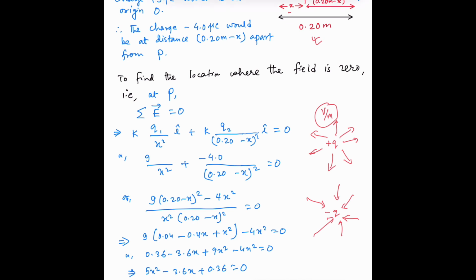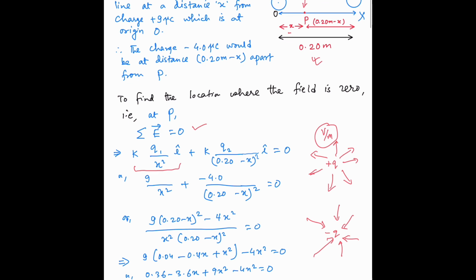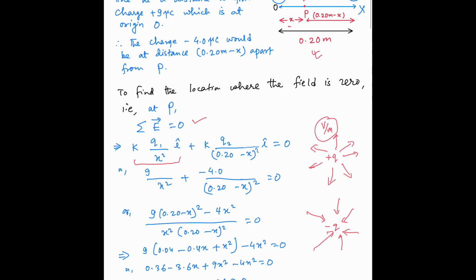So let's try to express the field for each charge. The positive charge 9 microcoulomb, let's suppose that is Q1, and the other charge is Q2. So this is the field for charge Q1, and this is the field for charge Q2.